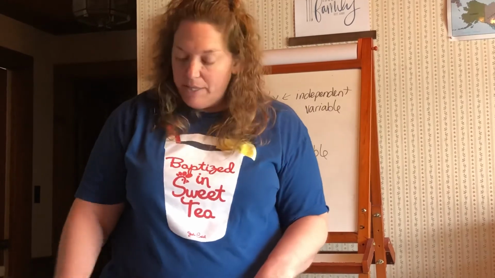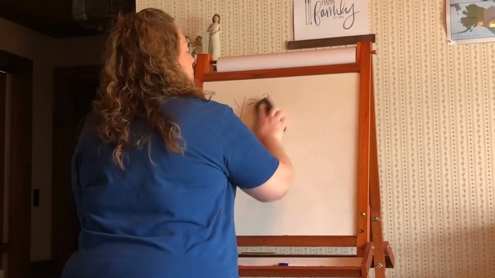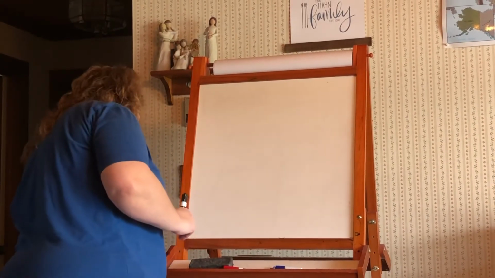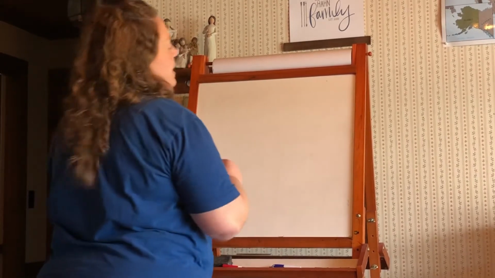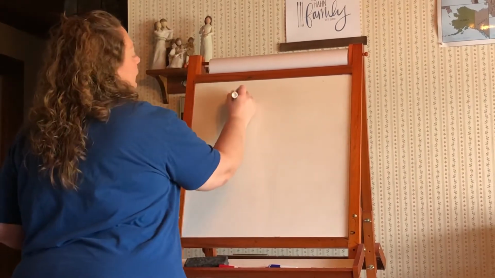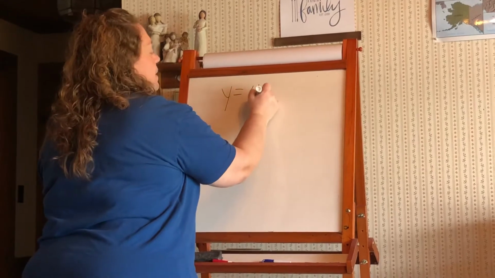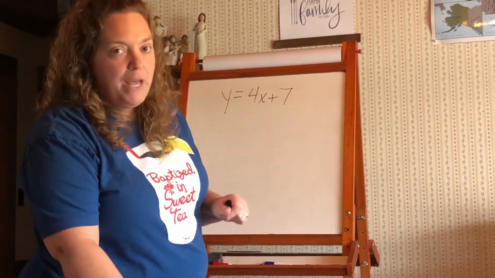All right, let's look at letter C. It says, for the function, which you guys have seen these, we're just used to calling them relationships or equations. And equations are just functions showing relationships between the numbers. For the function y equals 4x plus 7, don't get thrown by the words.